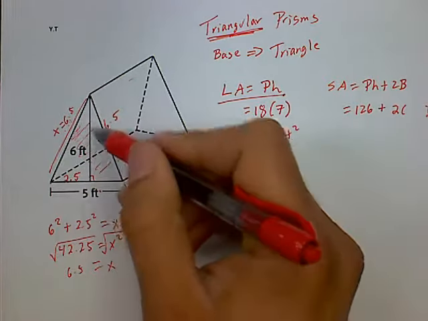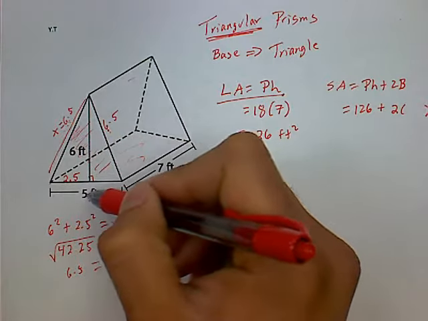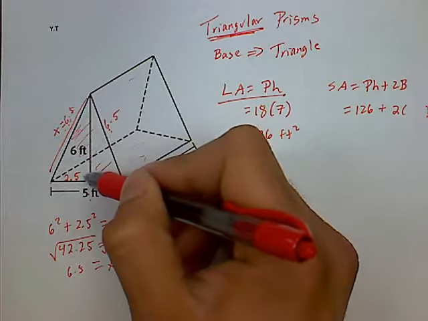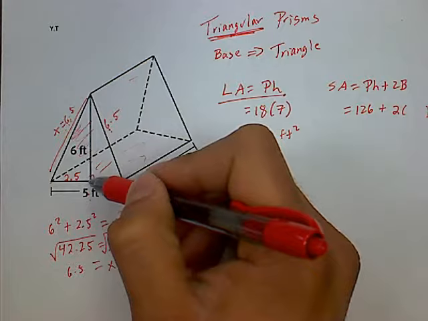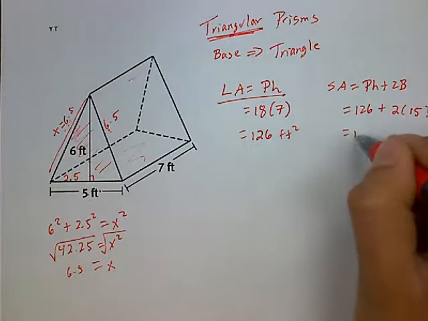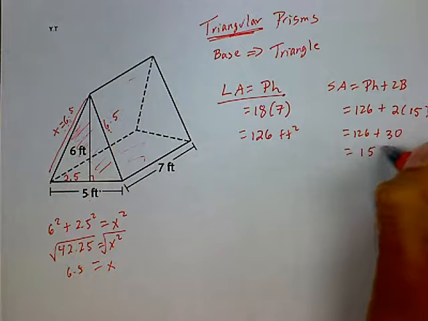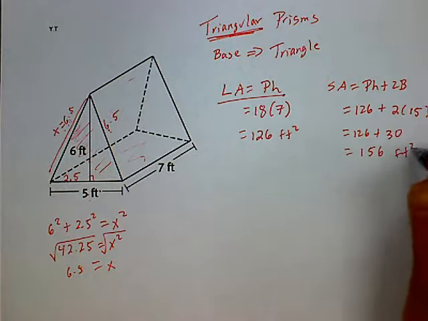Well, the base is a triangle, so it's base times height divided by 2. So 5 times 6, that's 30. 30 divided by 2 gives you 15. So now we have 126 plus 2 times 15, that's 30. That gives you 156 square feet.